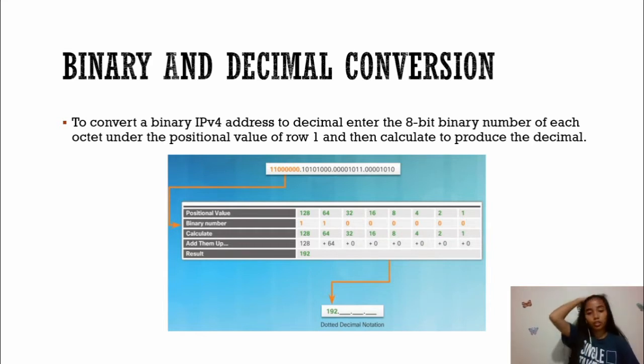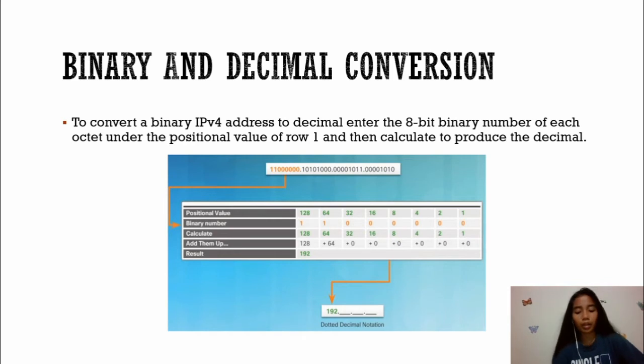It's easy because if the binary number has a 1, we focus on the positional value given, and we add the positional values of the bits that have a value of 1, just like in decimal and binary, to find the appropriate answer.